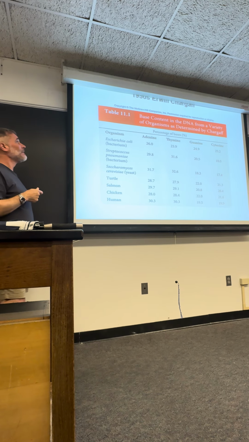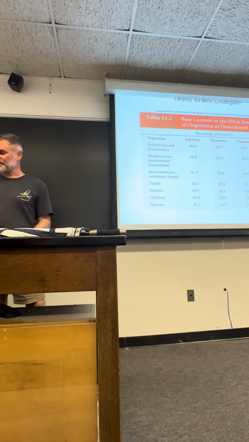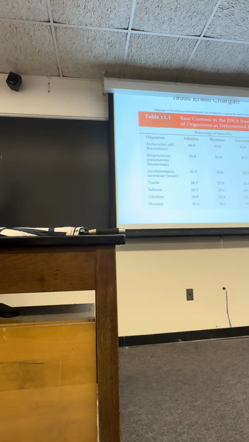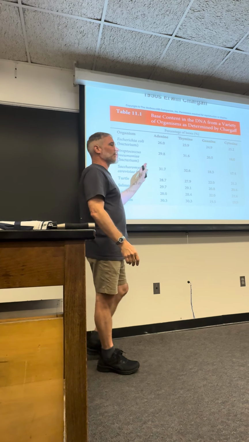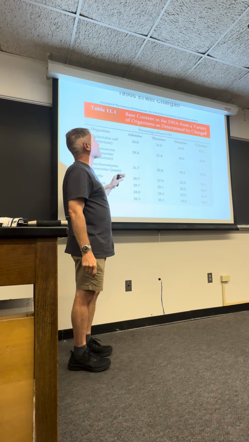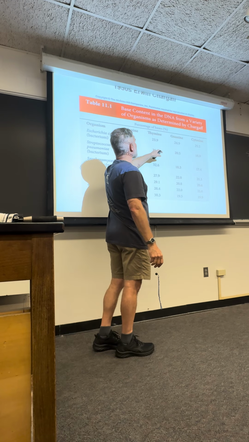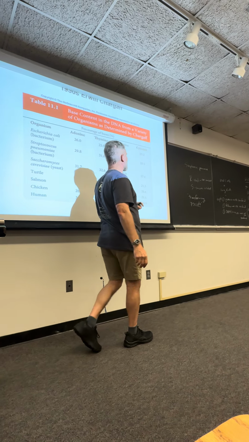In each of them, he measured the amount of the 4 nucleotides. And what he found was a pattern. The pattern was not that every organism had 25% of each, but that whatever percentage adenine they had, they had a similar percentage of thymine. Whatever percentage of guanine, they had a similar percentage of cytosine.